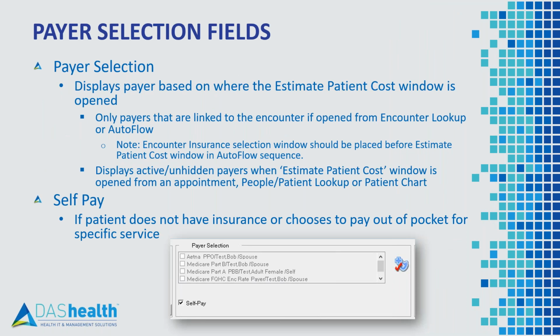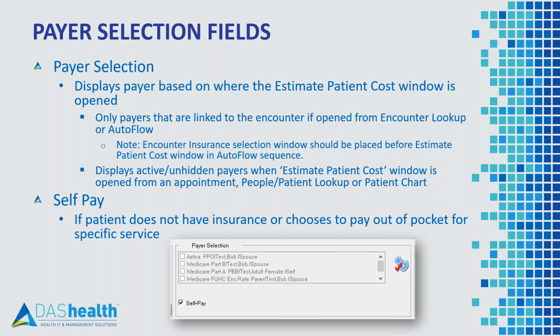So the first field that you really have to enter, after you enter the patient's information, is the payer selection. So the list of payers that you're seeing here on the screen really is going to depend on where you open that estimate patient cost window.